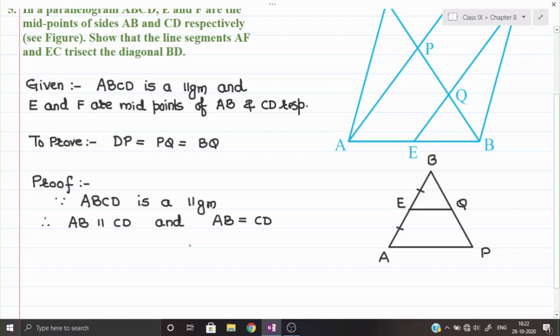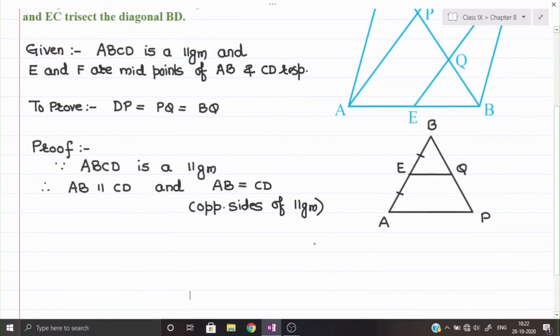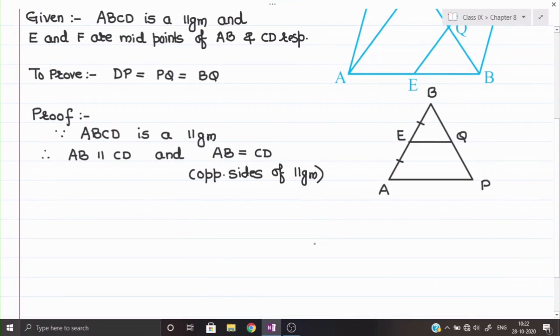These are opposite sides of a parallelogram. Now further see, AB and CD are equal, so half of AB will be equal to half of CD. For example, half of 10 means 5 will be equal to another half of 10, that is 5.